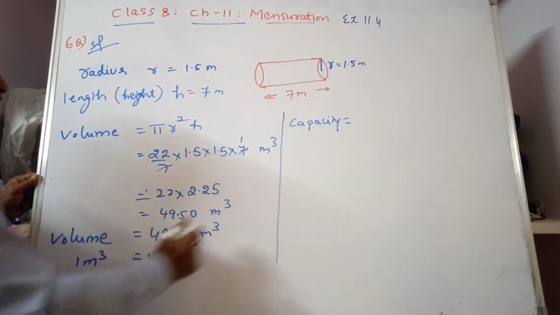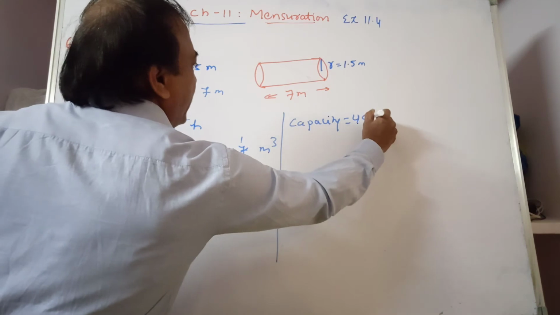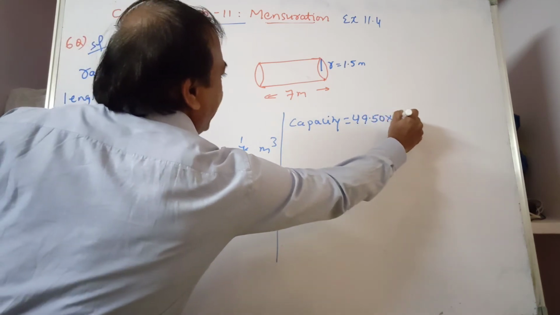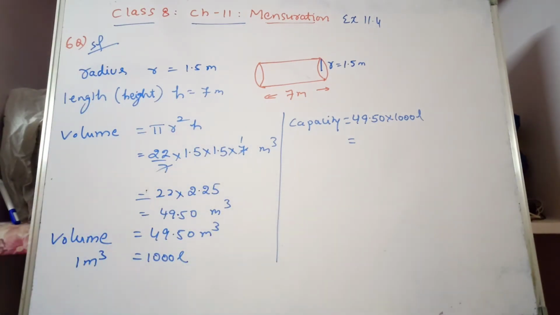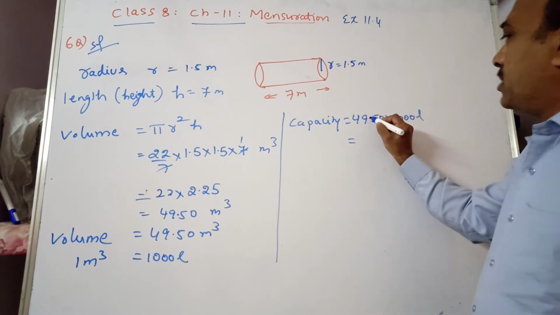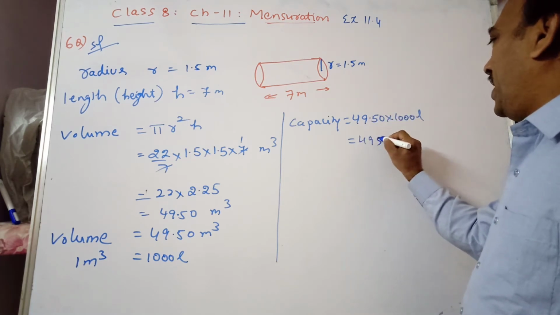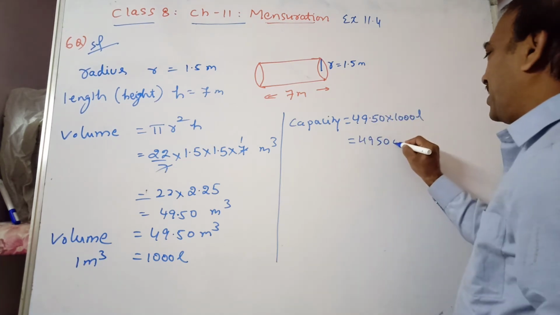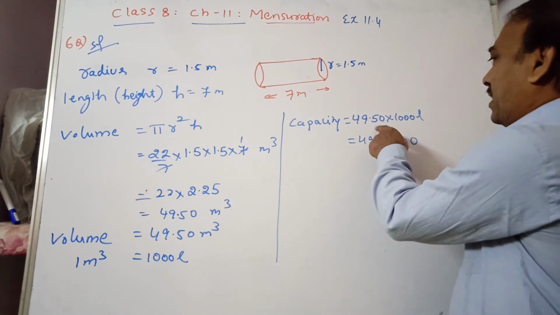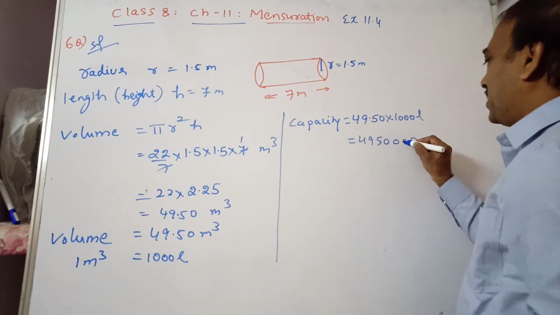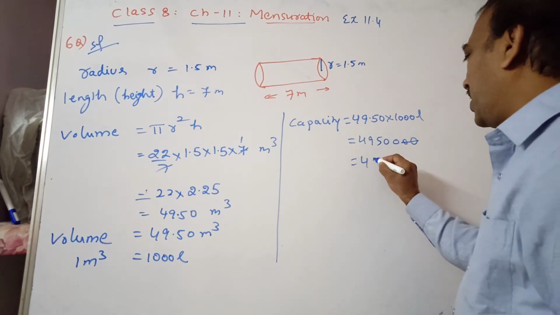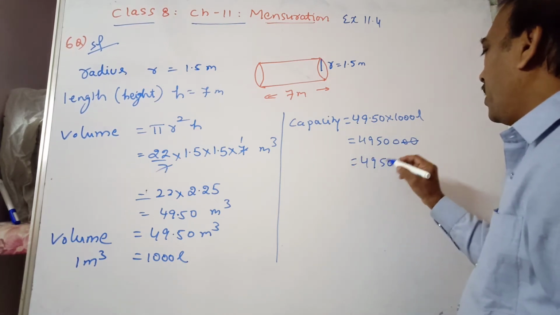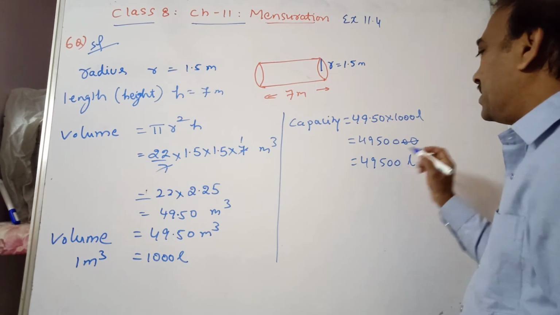So capacity is equal to volume into liters, that is 49.50 into 1000 liters. If you multiply 49.50 into 1000, here 4950, then besides that you write 3 zeros, and the decimal point with 2 places you can cancel, which is equal to 49,500 liters.